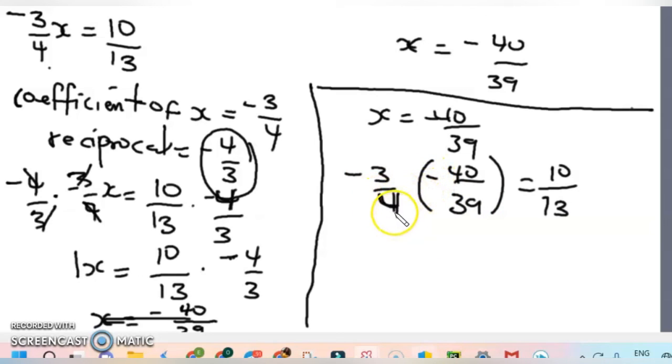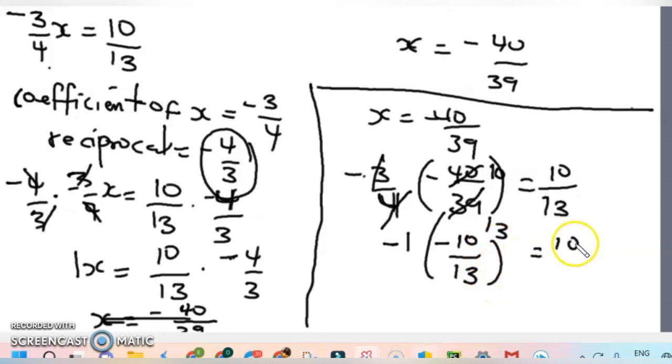That's what it means. So 3 goes into 39 how many times? 13 times. And 4 goes into 40 how many times? 10 times. So we have negative 1 times negative 10 over 13.